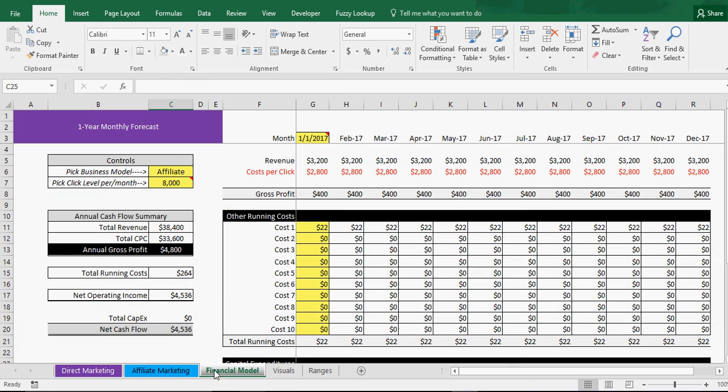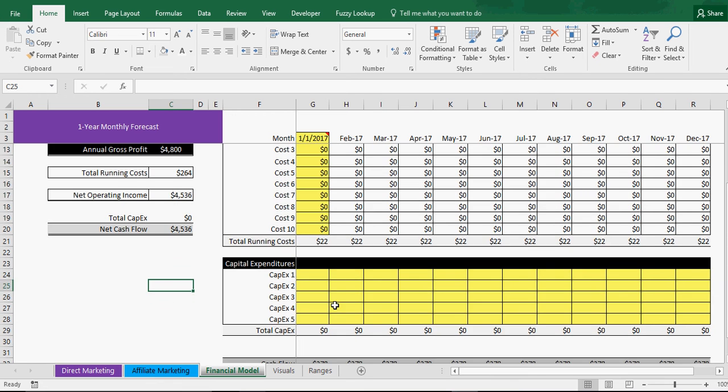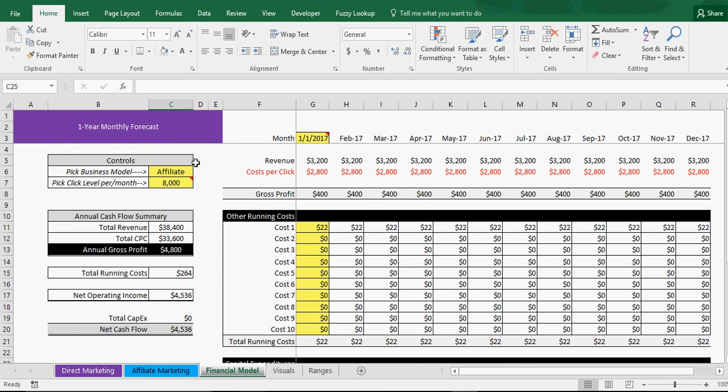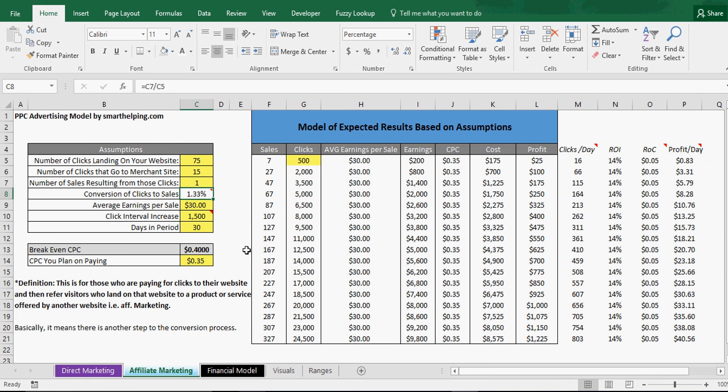It's giving you an annual financial model, so you can plan out other things that go along with pay-per-click marketing, such as hosting and other CapEx, and allowing you to plan out, for one year's time, how your cash flow needs to be, or what it might be, or the feasibility based on your conversions and what you think you can do. It's telling you the feasibility of the whole process.